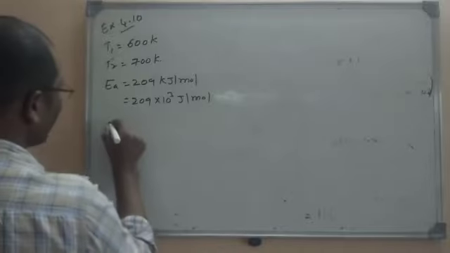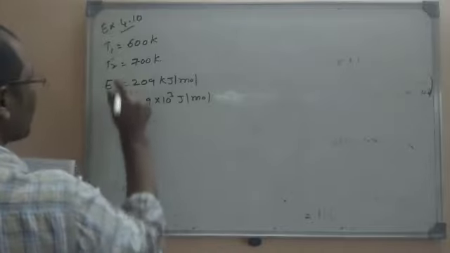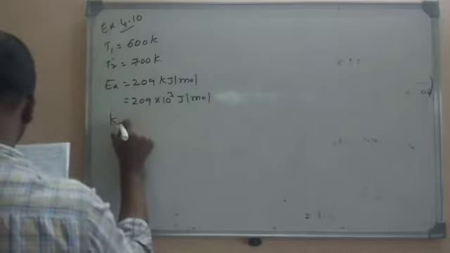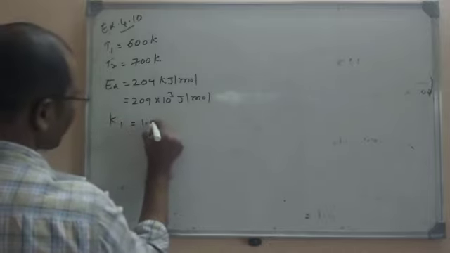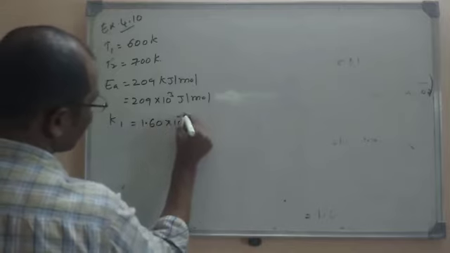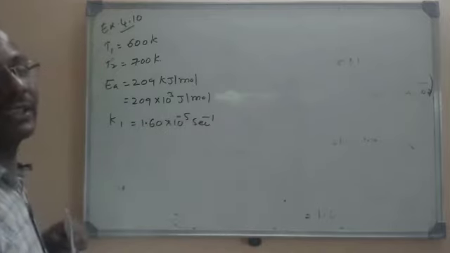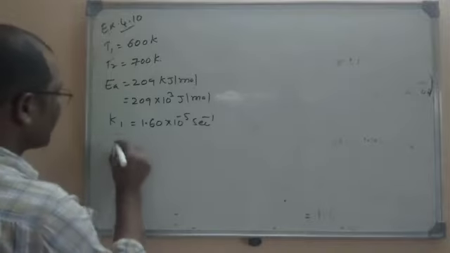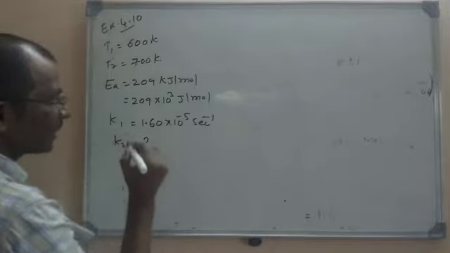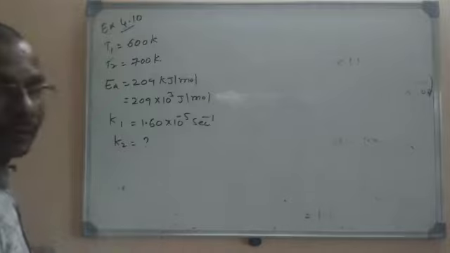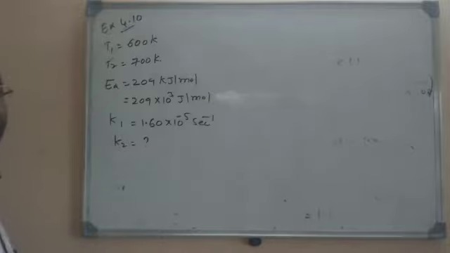Now what else is given here? Velocity constant at 600 Kelvin is given. K1 is equal to 1.60 into 10 power minus 5 second inverse. And the order of the reaction is first order. Now what are we going to find here? K2 value. Now let us write the Arrhenius equation.